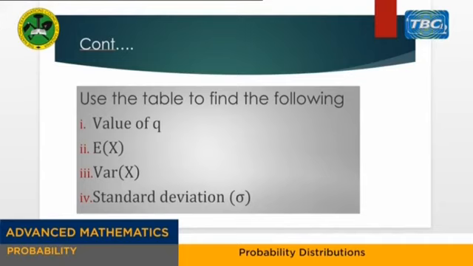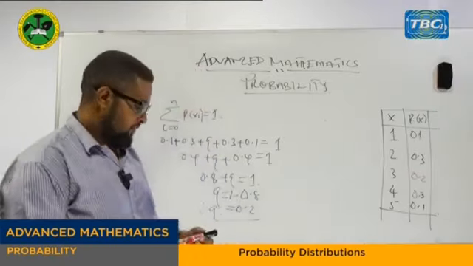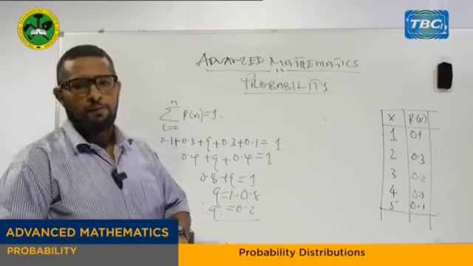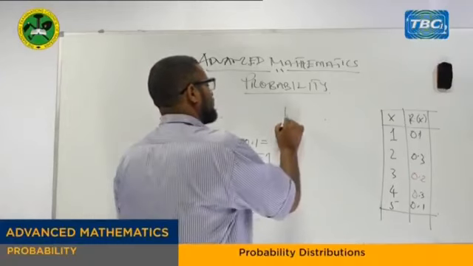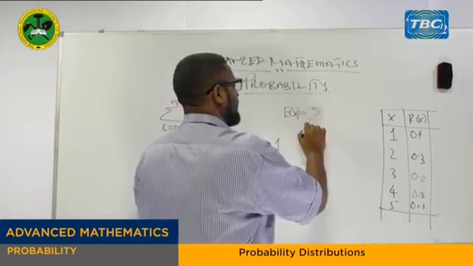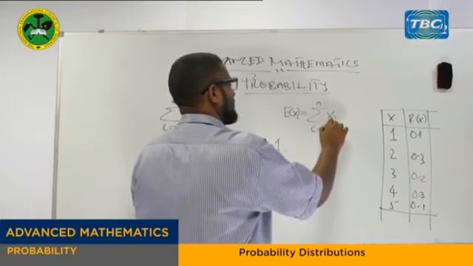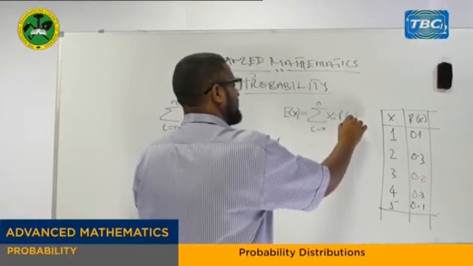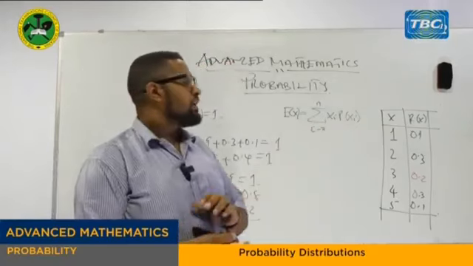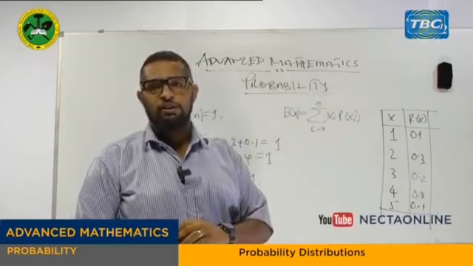Now let's check the next part of the question: find the expectation of variable x. How do we find the expectation of variable x? You need to recall the formula for finding the expectation of variable x. The expectation of variable x is given by the summation from i equal to 1 up to n of variable x and their probability. So this is the formula. It needs a column of the product between variable x and its corresponding probability.